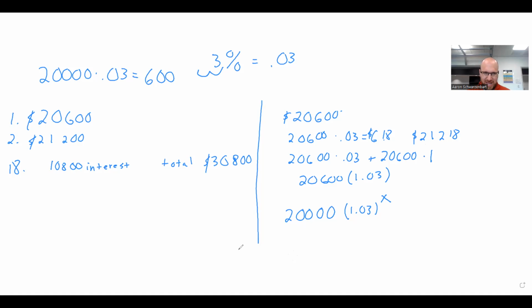If I want to know the 18th year, now I'm going to do 20,000 times 1.03, or my 1 plus my interest rate as a decimal, to the 18th. This now gives me $34,048.70.